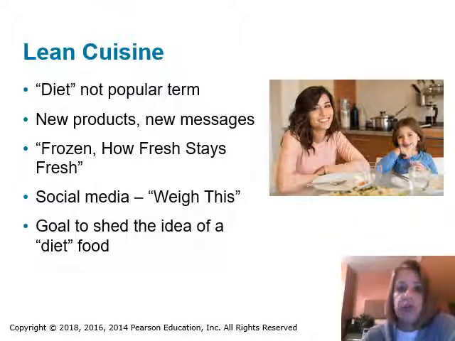A new social media campaign was also launched entitled Weigh This, that sought to shift people's relative importance of weight compared to other aspects of life. The goal was to change the image of the product from diet food to fresh food that was frozen.